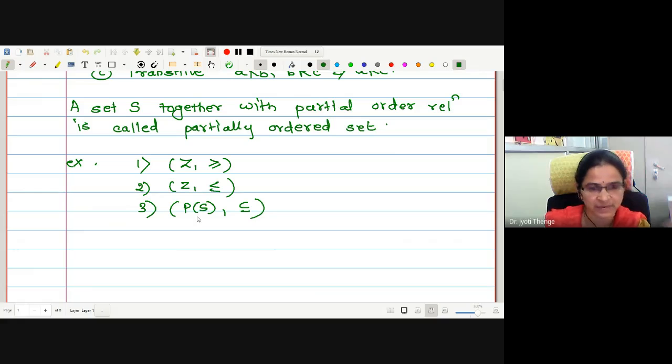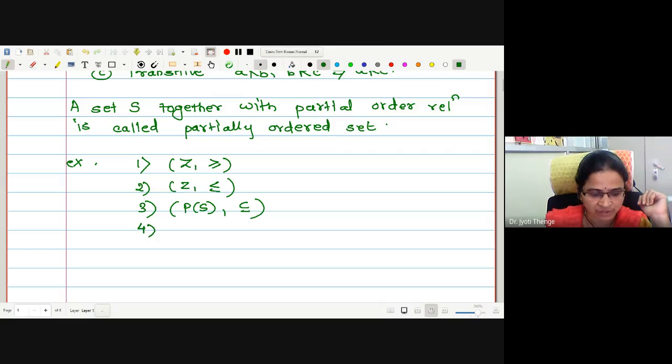Suppose A is an element of P(S), a subset of S. Then A is a subset of itself, so reflexive holds. A subset of B and B subset of A gives A equal to B, so antisymmetric holds. A subset of B and B subset of C implies A subset of C, so transitive also holds.